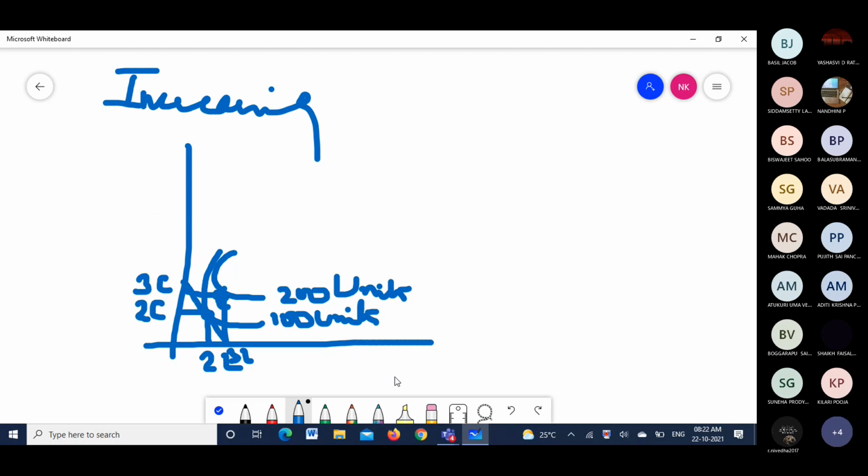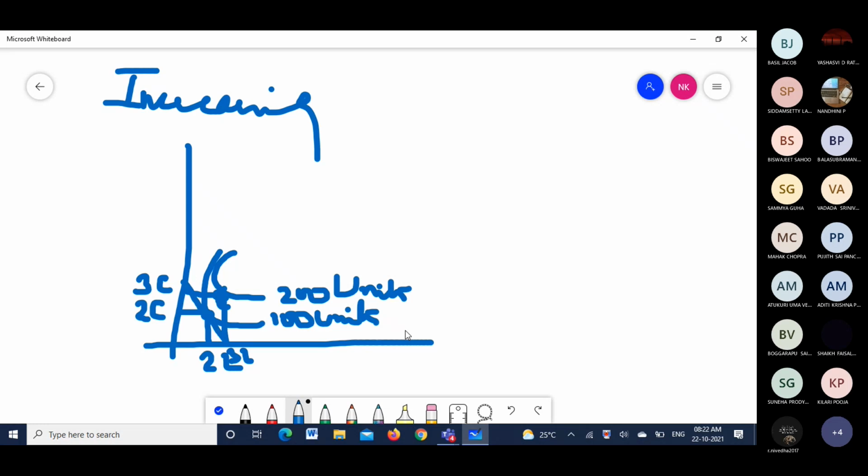So for that very first unit you are using 3 units. For the second production level you are using 2 units, and for the third production level you are using 1 unit. Likewise you can explain it. But as I used 2 units, only this much I can show. So this value you can put like whichever combination you want to show.